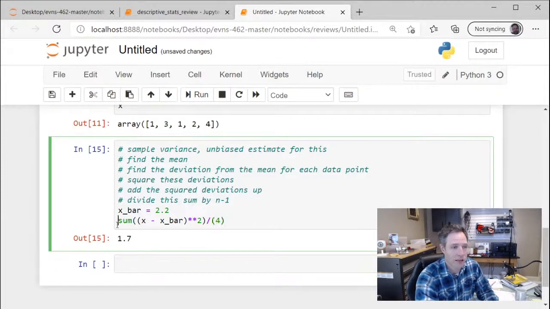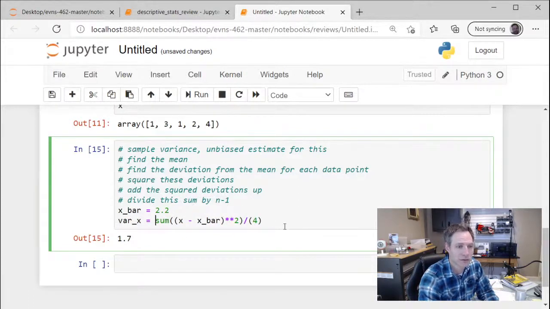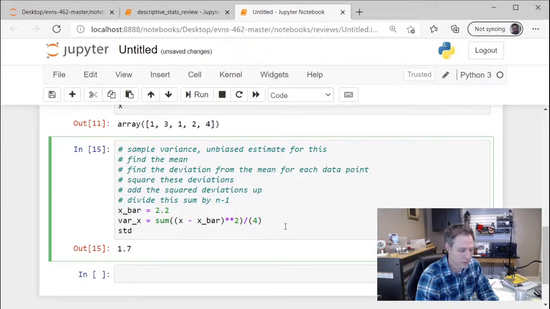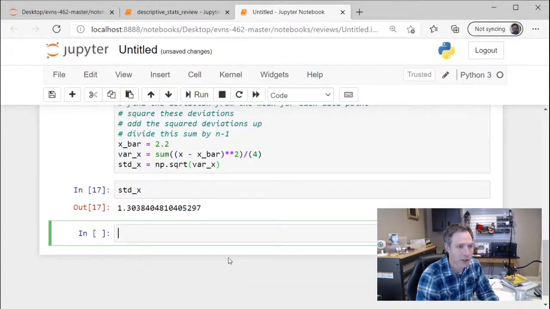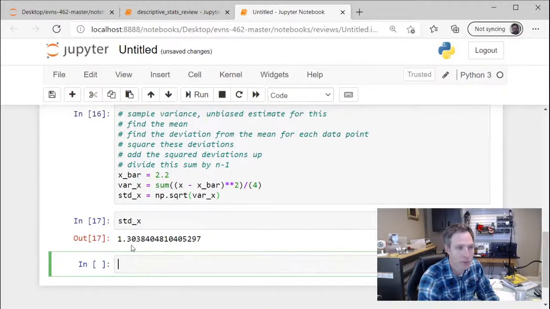And that's the variance of x. And the standard deviation of x would then be the square root of the variance, which is 1.3.